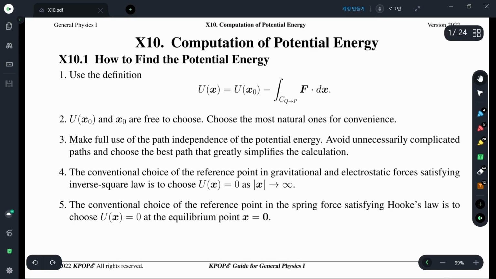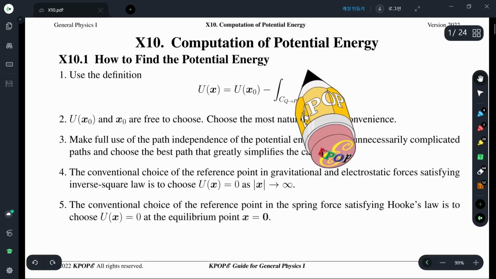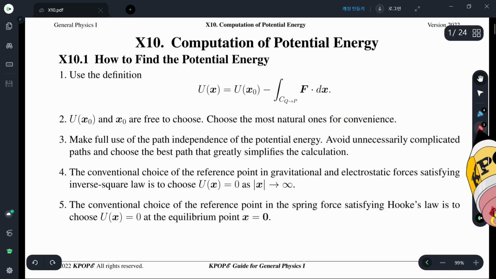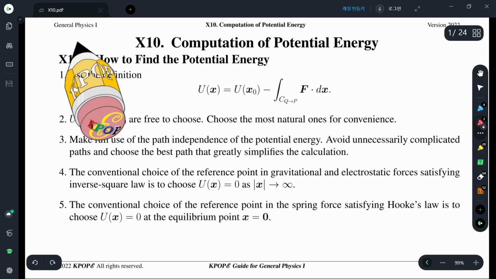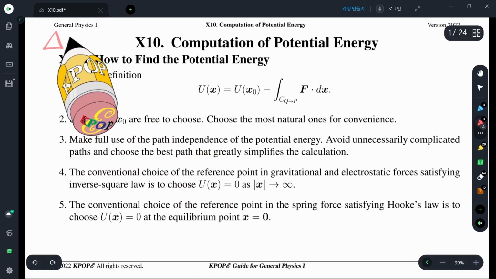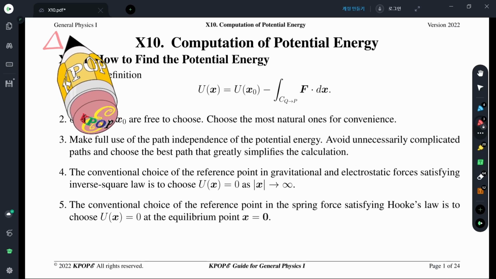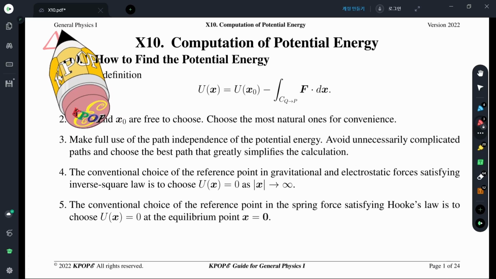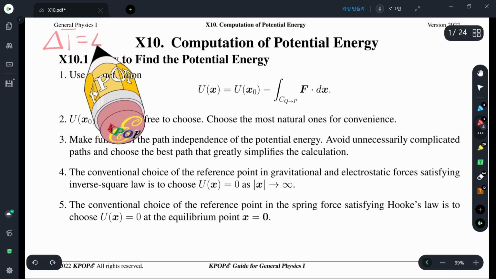In this class, we study computation of potential energy. In the previous class, we learned how to define the potential energy. And potential energy came from the work kinetic energy theorem, which states that the kinetic energy difference is the work.